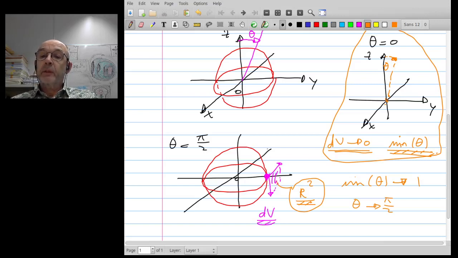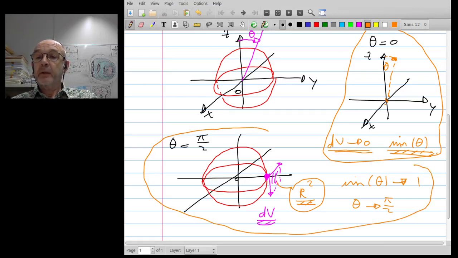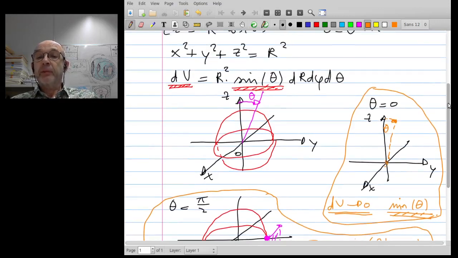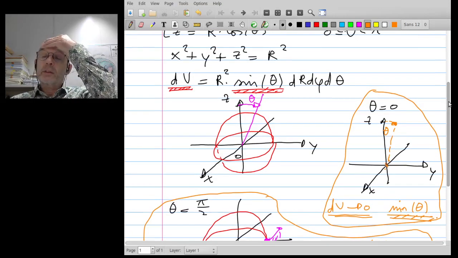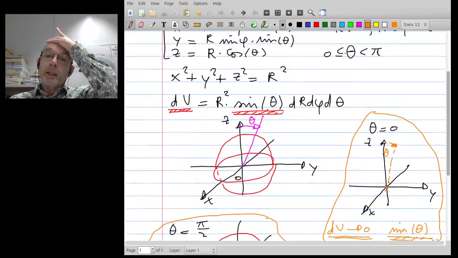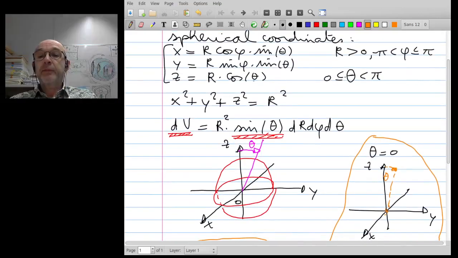So therefore, maybe this is a way to keep in mind why you have a sine of theta or the cosine of theta. But be careful, it depends on how you choose your z variable.